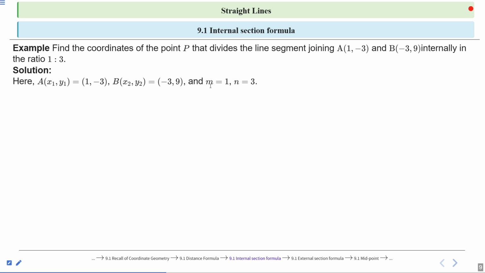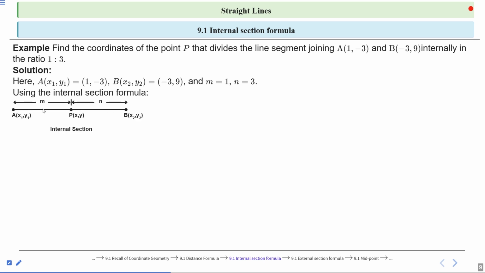That means m equal to 1 and n equal to 3. So now using the internal section formula, which we studied in our previous slide, we are going to use it. See this figure first.